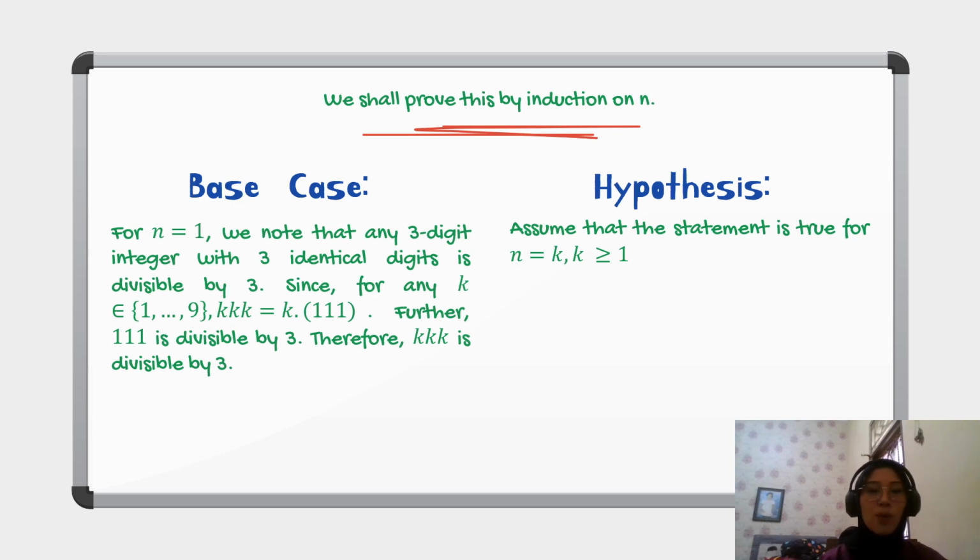Further, 111 is divisible by 3. Therefore, it is divisible by 3. So the hypothesis is: assume that the statement is true for n equals k, with k greater than or equal to 1.